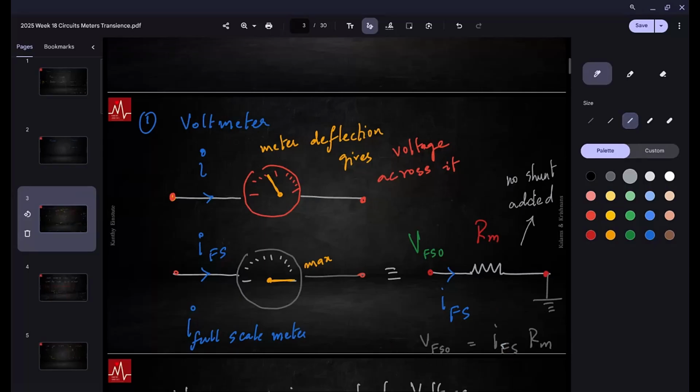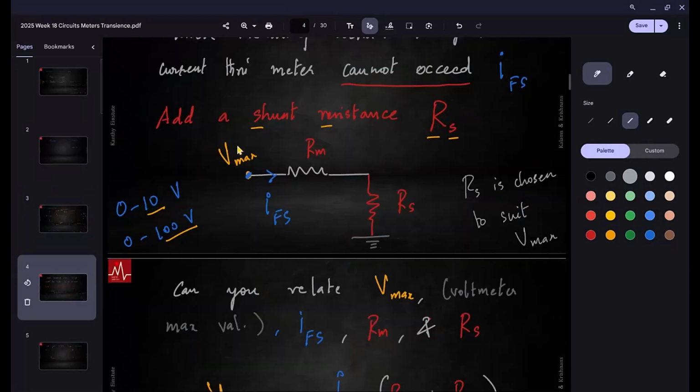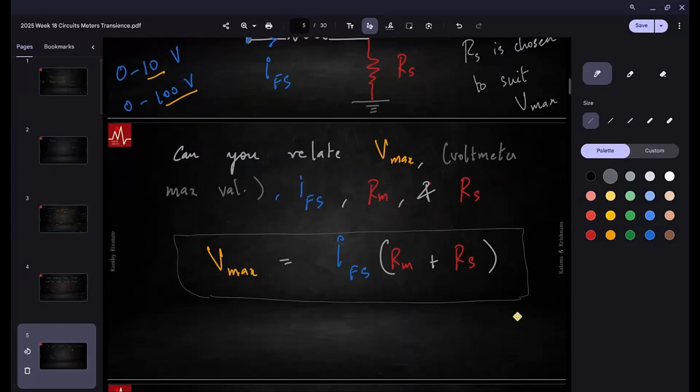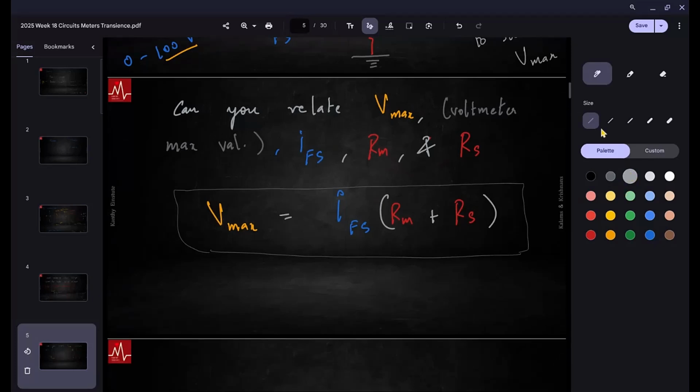Straightforward. When you have a shunt added, the voltage that gives maximum deflection changes. That relation is just Vmax is IFS, V is IR. Sometimes you can rewrite this, but I feel that is not necessary.